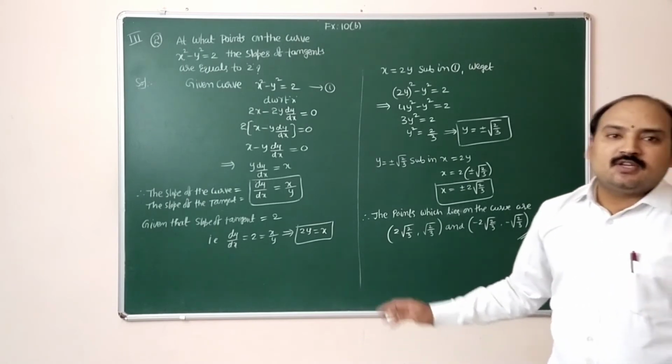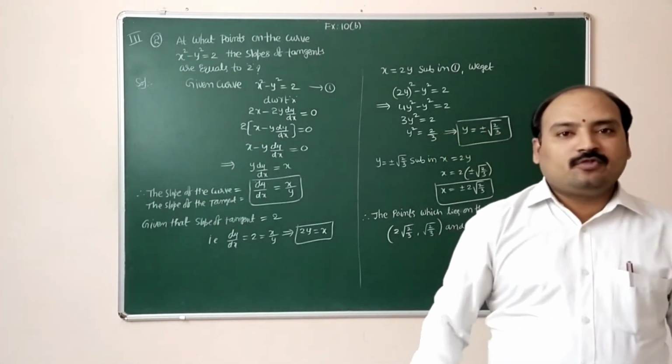These are the 2 points which are lying on the given curve. We will move to the next question.